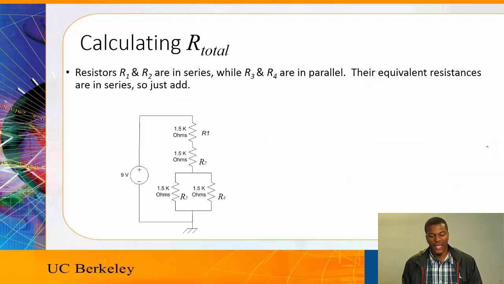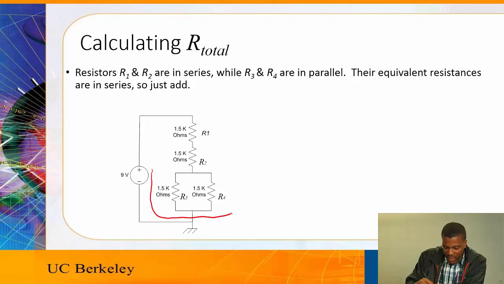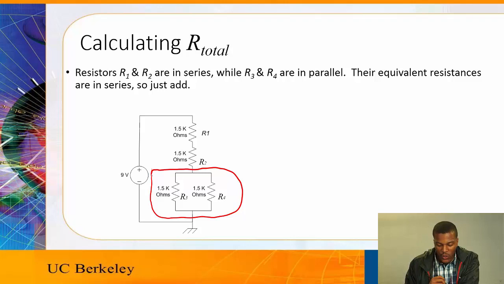So here's a more complicated circuit that is a good example of how to calculate series and parallel resistances combined. Let's start with this branch on the bottom. What do these two resistances look like to you?